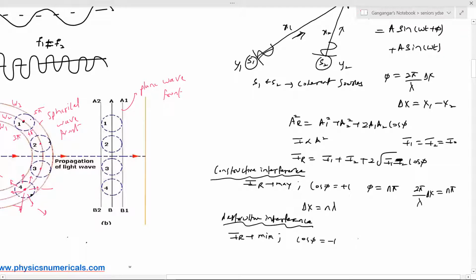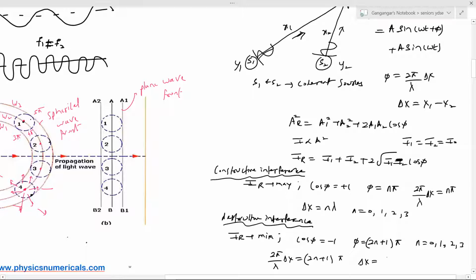It should be equal to (2n plus 1) pi, where n starts with 0, 1, 2, 3. Then the path difference: 2 pi by lambda delta x equal to (2n plus 1) into pi.